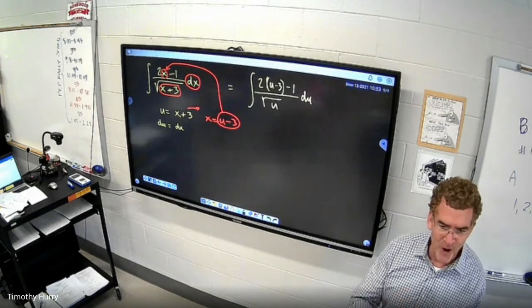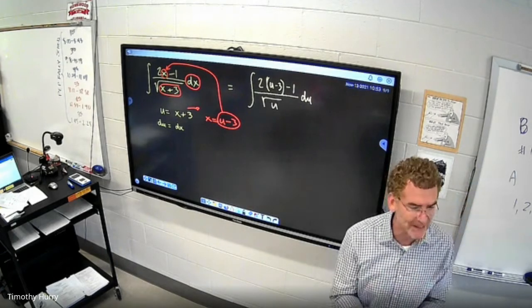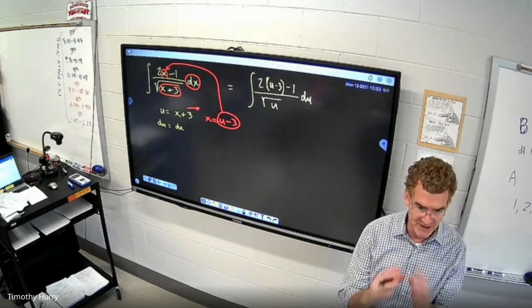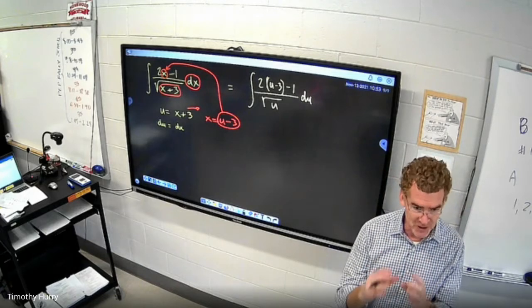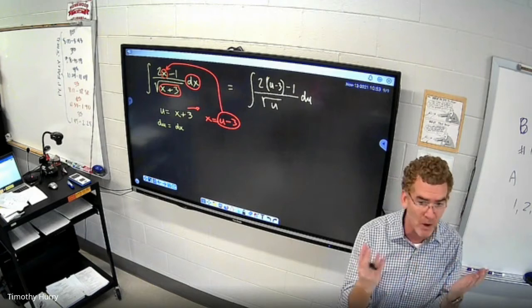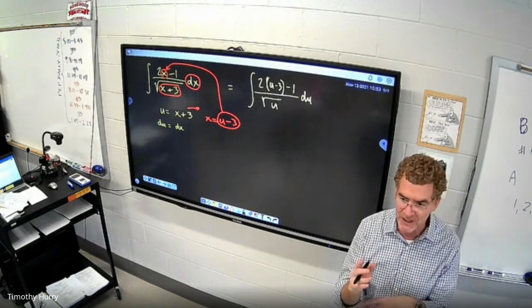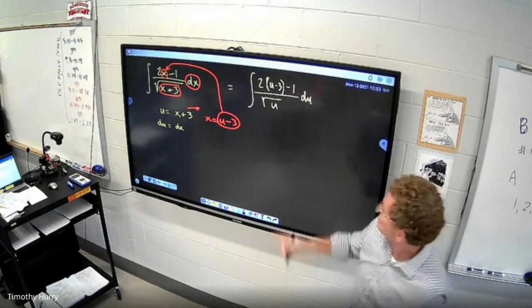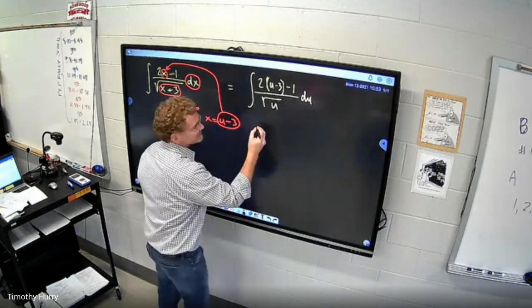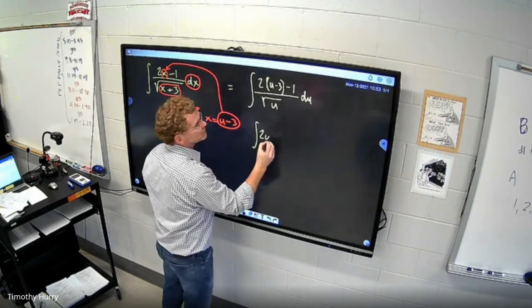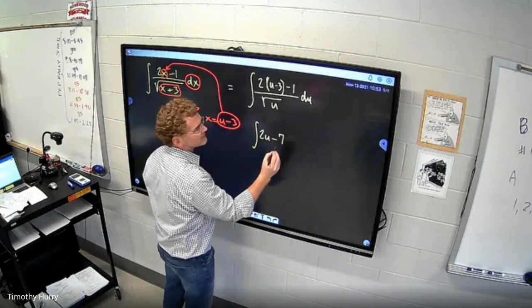And again, on all of these problems, you're almost expecting to end up with that single radical. You're going to expect to change it to either a 1/2 power, 1/3 power, whatever it is, and distribute it in. So right here, the numerator ends up being 2u minus 6 minus 1, so 2u minus 7.